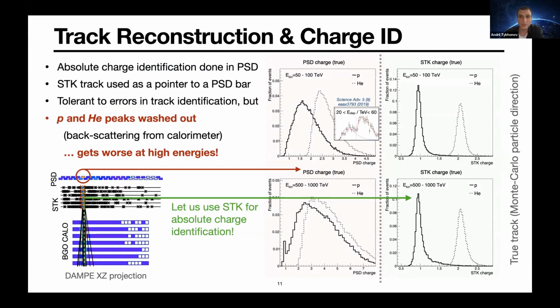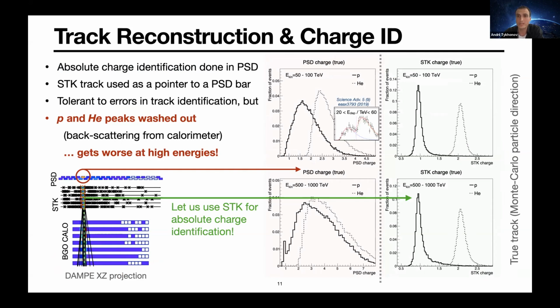Why is tracking important? Because we use the track for absolute charge identification. So far in DAMPE, the usual strategy is that you take a track reconstructed in the tracker and you project it onto the plastic scintillator detector. The sensitive unit of the plastic scintillator detector is big, around 2 centimeters in width.